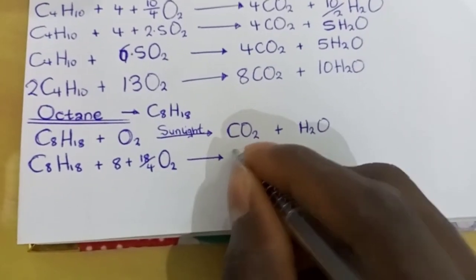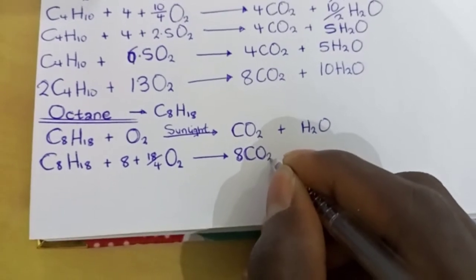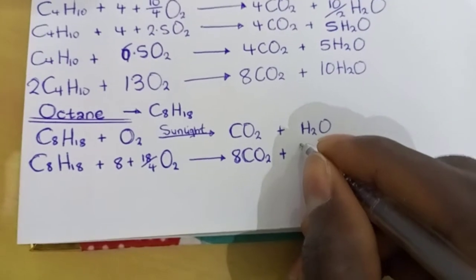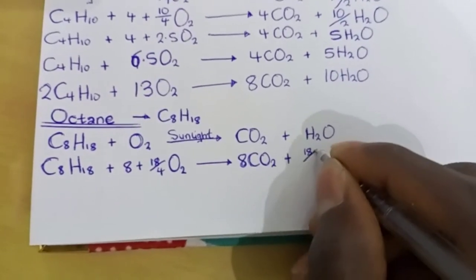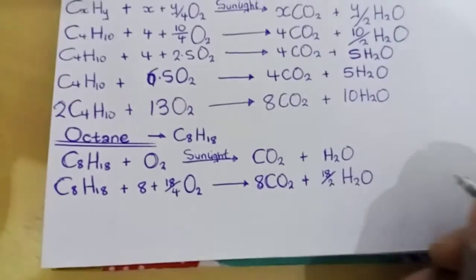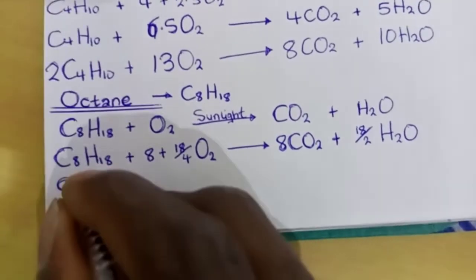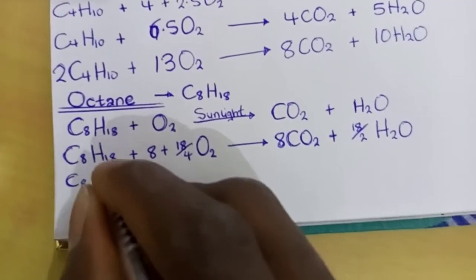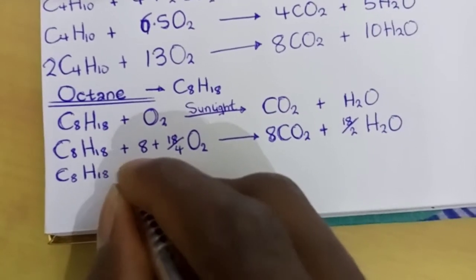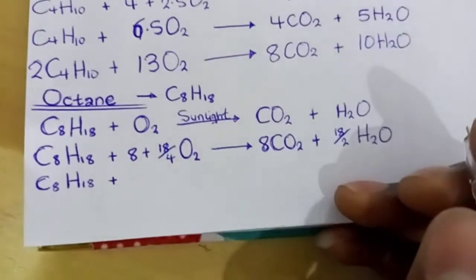Our x is 8, our y is 18, that's 18 over 2 H2O. So we continue. So 18 over 4 will give us 4.5.